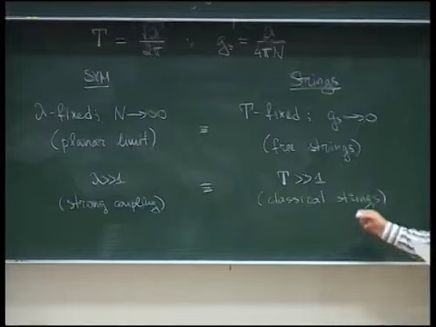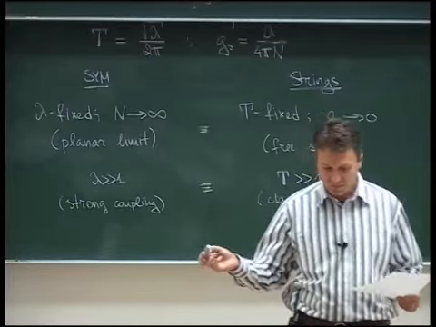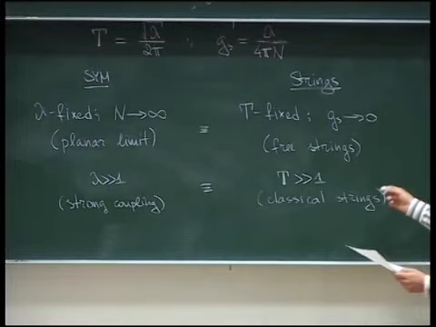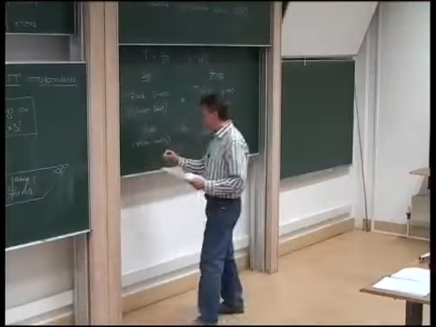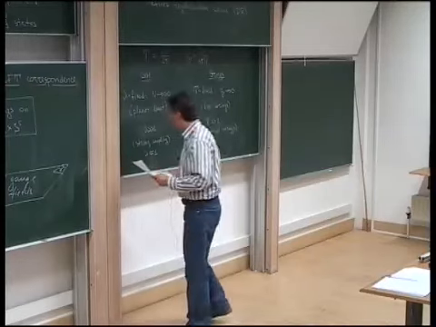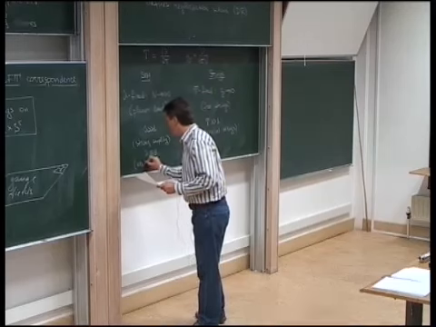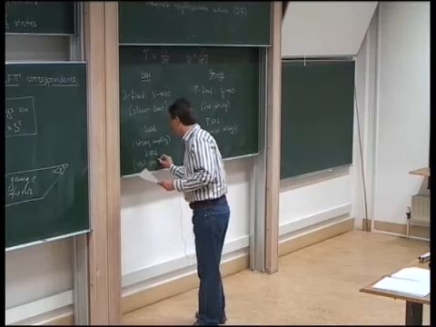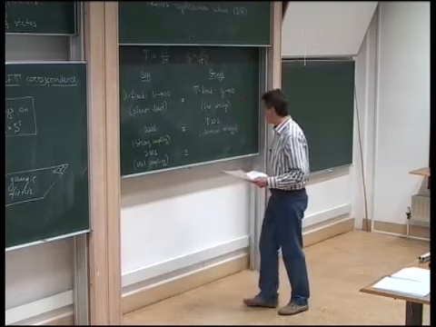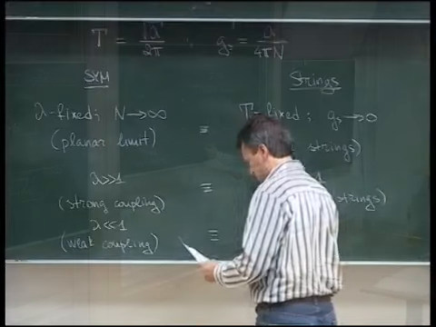So the strong coupling limit of the gauge theory maps into the classical gravity limit of strings. Now the opposite limit, where we do understand super Yang-Mills theory quantitatively, which is the weak coupling, corresponds to the limit when tension is very small.